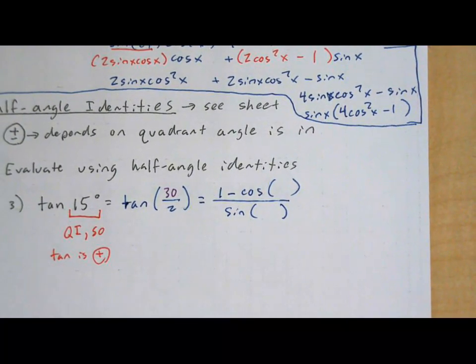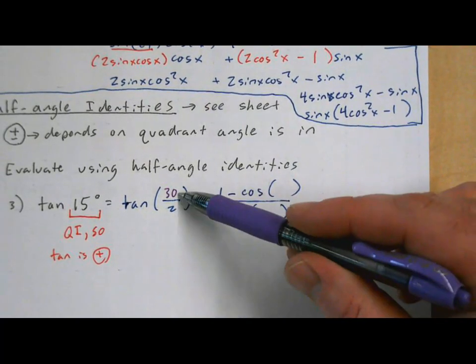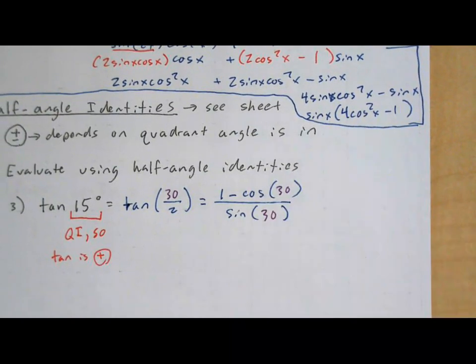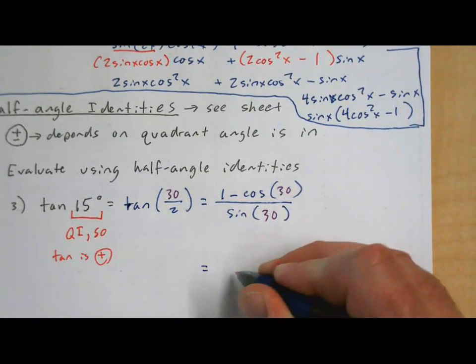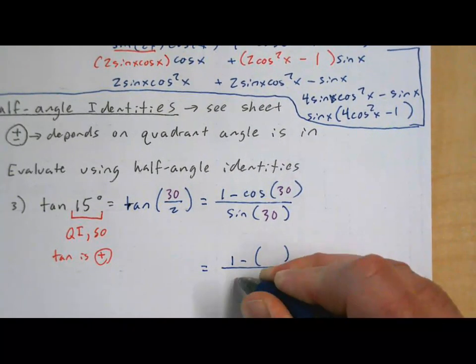And what's the angle that's going to go inside of that cosine and that sine here? It's the thing that was on top here, which is the 30. This is nicer because I know what the cosine of 30 is, and I know what the sine of 30 is.